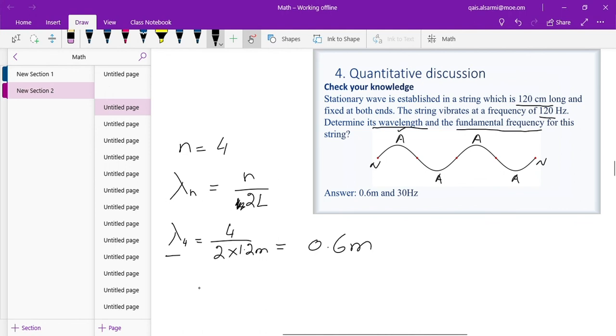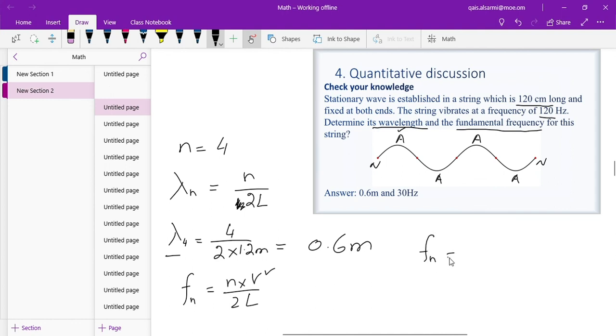Now what about the fundamental frequency? To calculate the frequency, we know from the general equation of the frequency, n times V over 2L. It's not important to use velocity because velocity is not given.